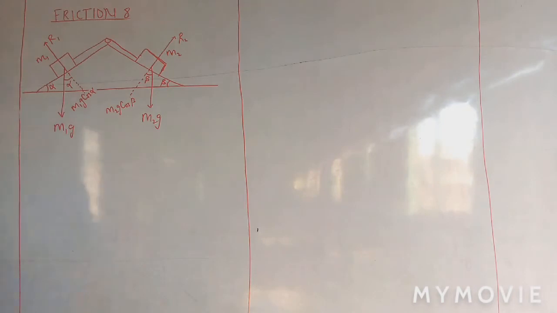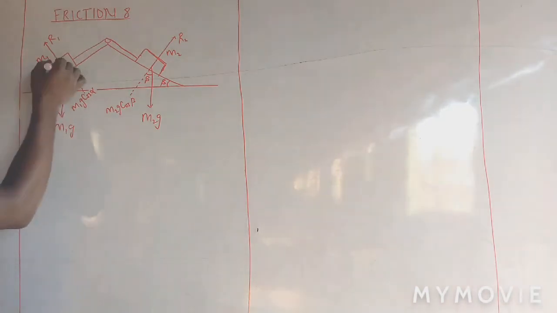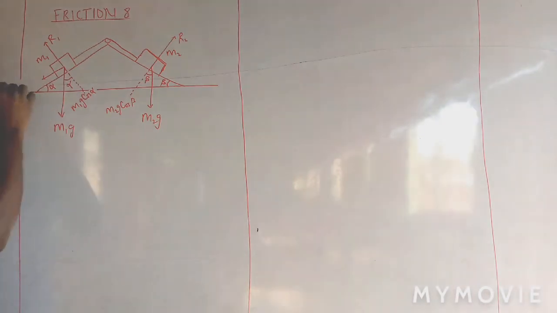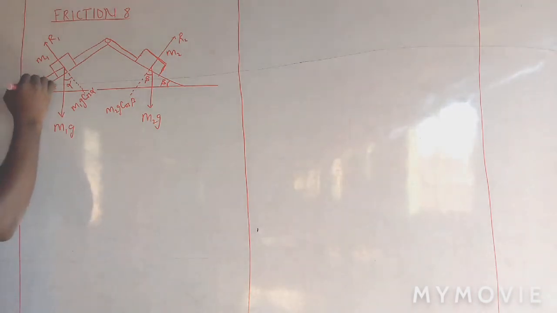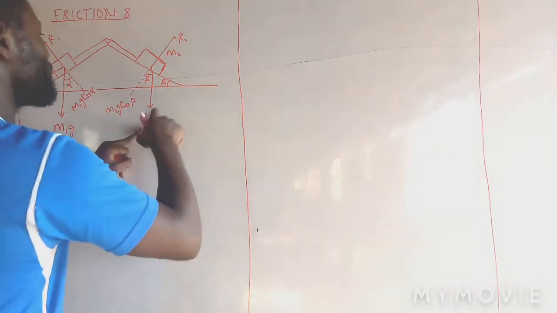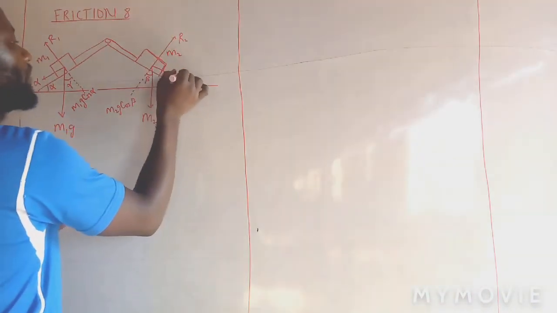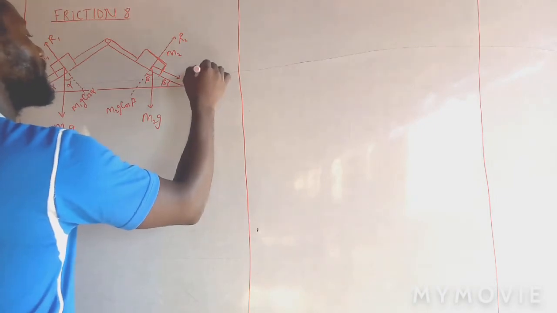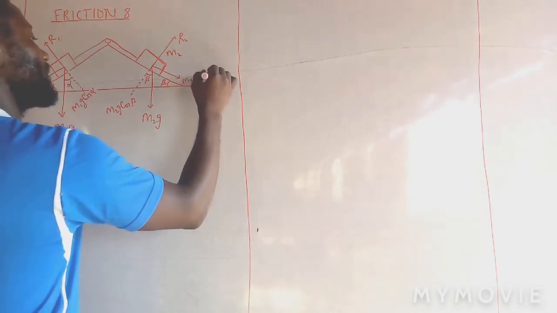Alright, if I resolve this first here, I will have m1g sine alpha. And if I resolve m2g here, I'm going to have m2g sine beta.